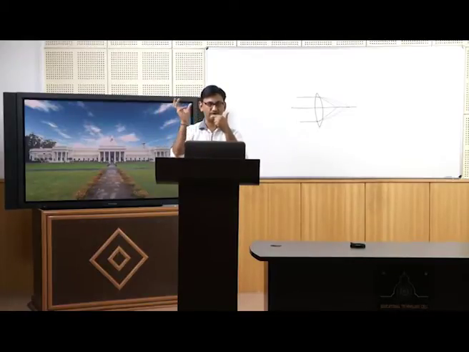To correct that, to make the image at the same point at the retina, both should come at the same point, so I have to have a cylindrical lens coupled with the spherical one. You will not be able to see the difference in your glasses, but it will be there. So, this is the problem which we call astigmatism: two different images form depending upon which plane the rays are going through.